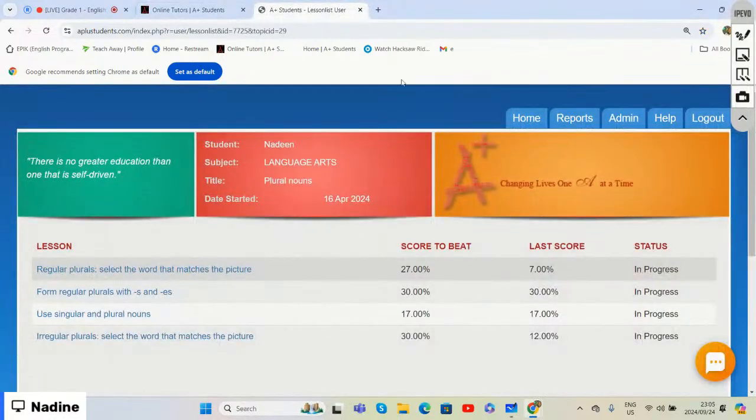And then we're going to scroll down until we get to our chapter of plural nouns.